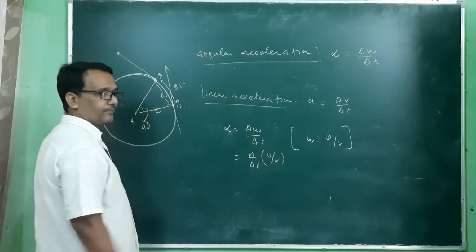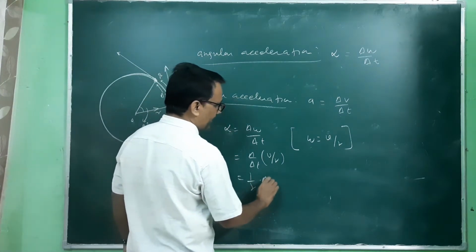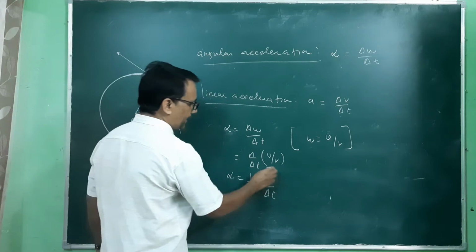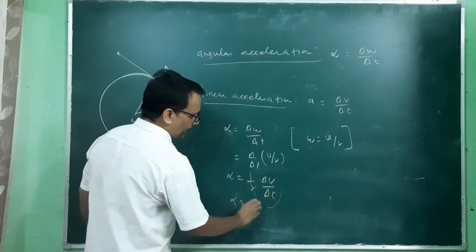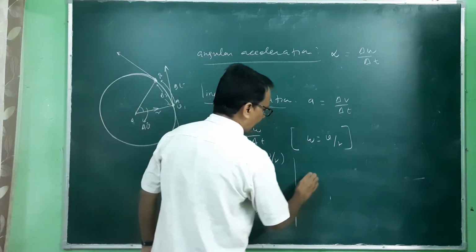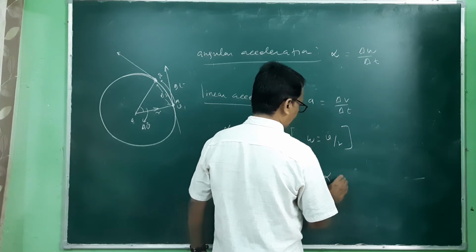Since r is fixed, the magnitude r is a constant, so one can write this as 1 upon r delta v by delta t. So alpha is 1 upon r multiplied by a, or a is equal to alpha multiplied by r.